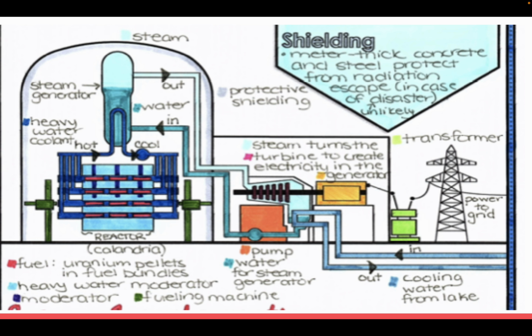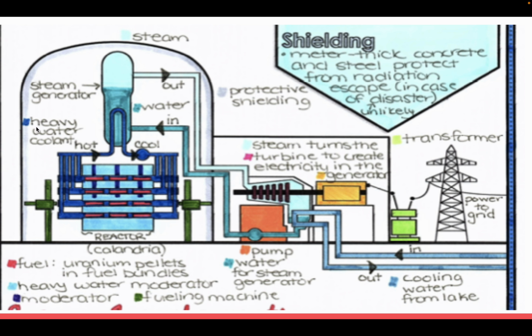So really the only difference here is this water, this dark blue, is not the water that actually spins the turbine. It's this lighter blue water in the secondary loop, the steam generator. This water in the primary loop is just conducting the heat from that fission reaction.